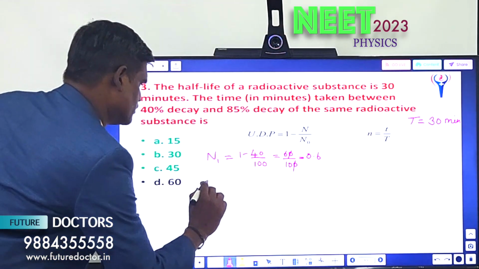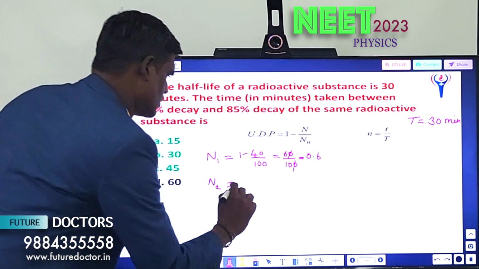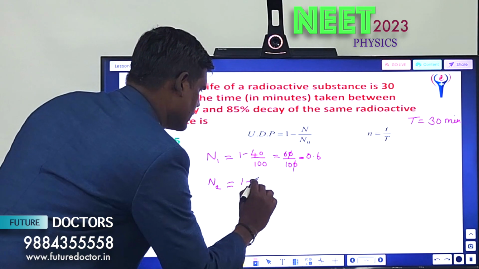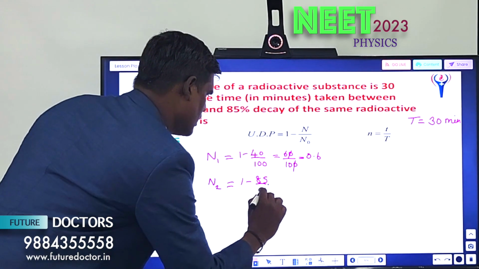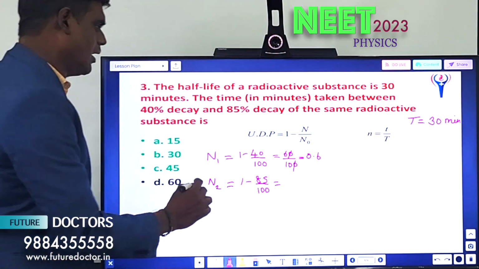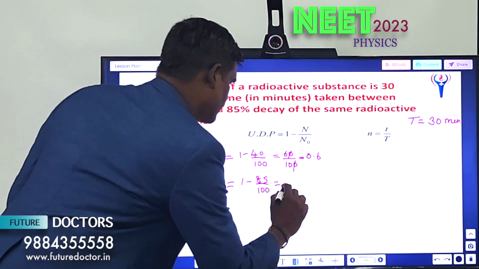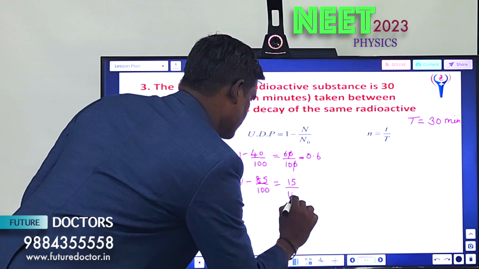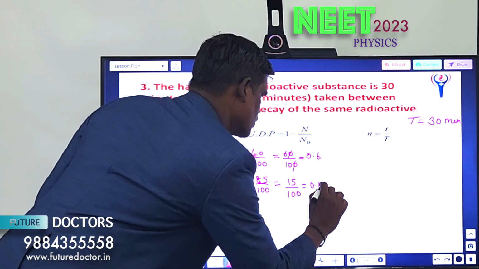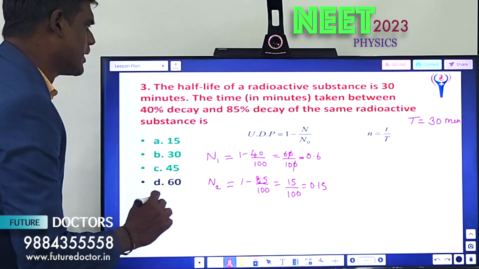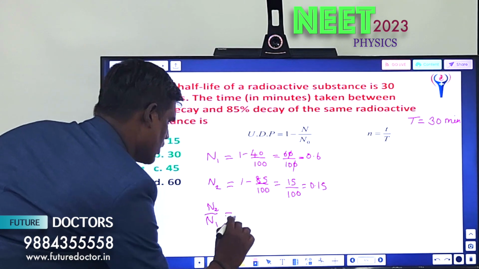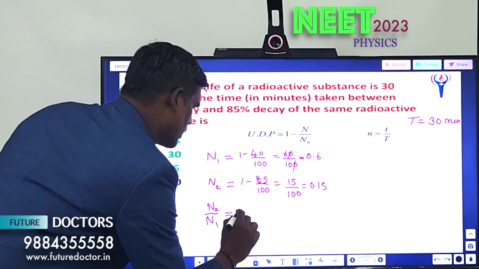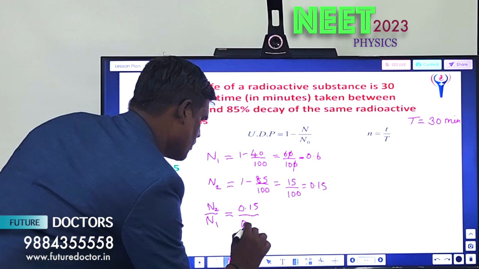And N2 equal to 1 minus 85%, 85 by 100. Then 100 minus 85, 15. 15 by 100. Then it gives 0.15. Then N2 by N1 equal to 0.15 by 0.6.